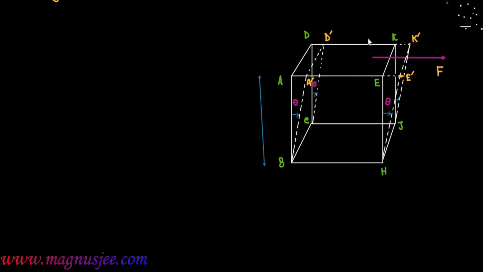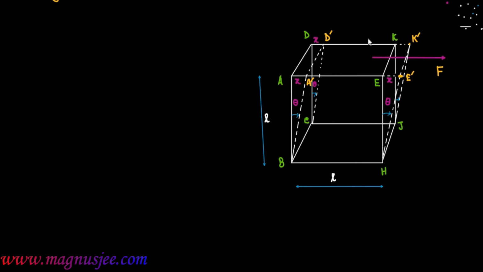Small l is the length of each side of the cube, and this is also the length of each side of the cube, L and L, because each face of the cube is a square. And x is the linear displacement.